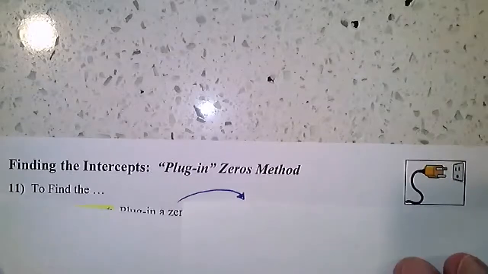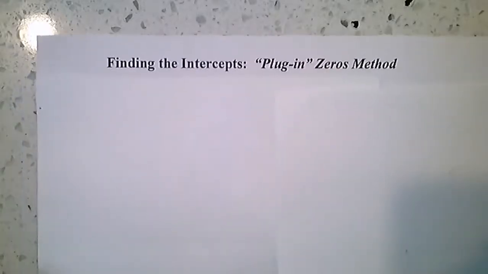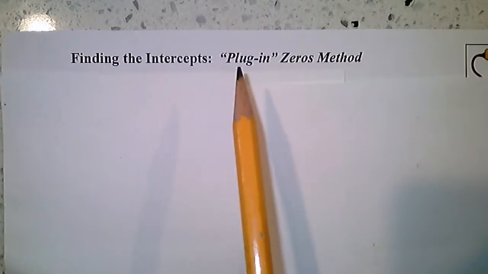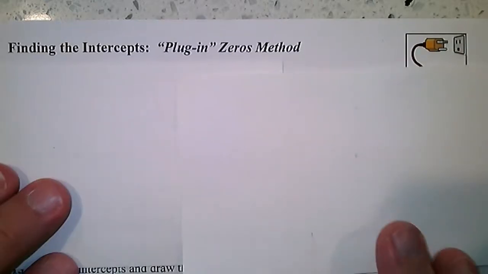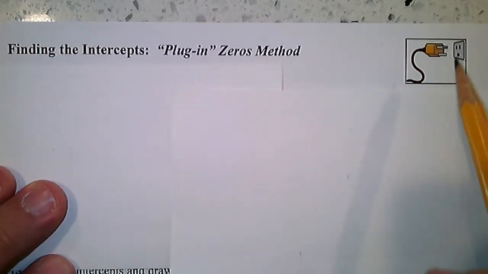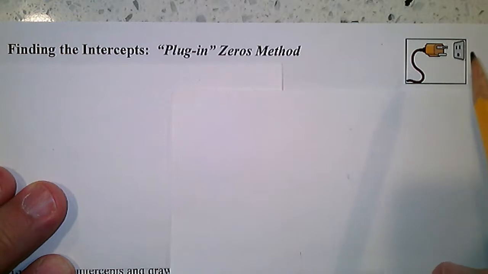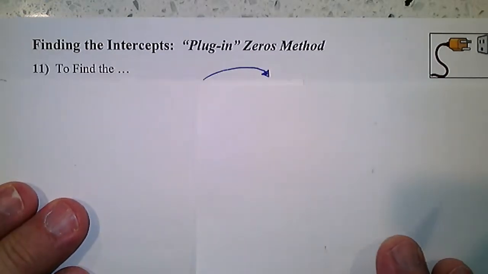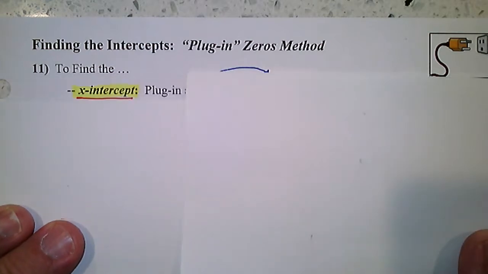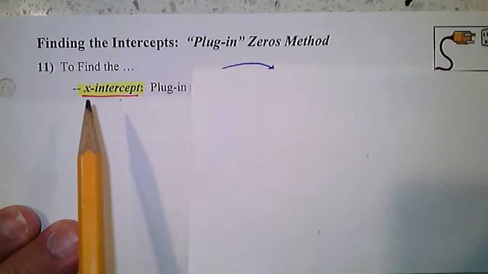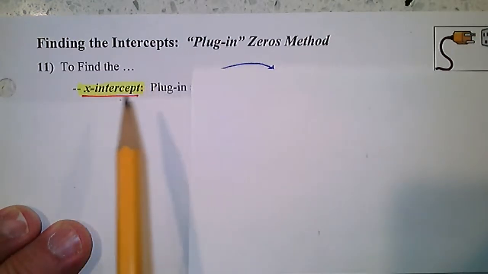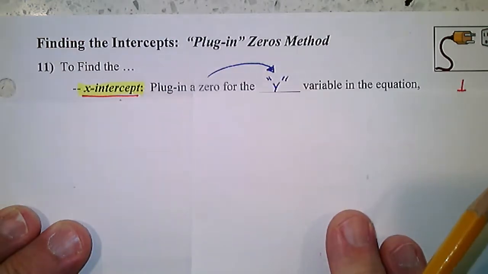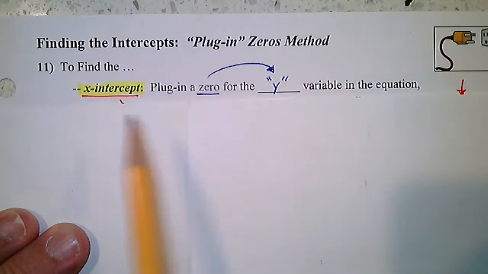All right, so I'm going to teach you 2 methods on how to find the intercepts. One method I call plug-in zeros, kind of like plugging an electrical cord into your outlet. So if the problem says find the x-intercept, what we want to do is plug in a 0, but we want to go to the opposite variable.